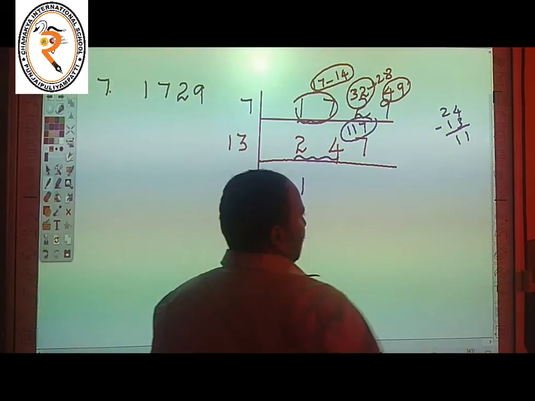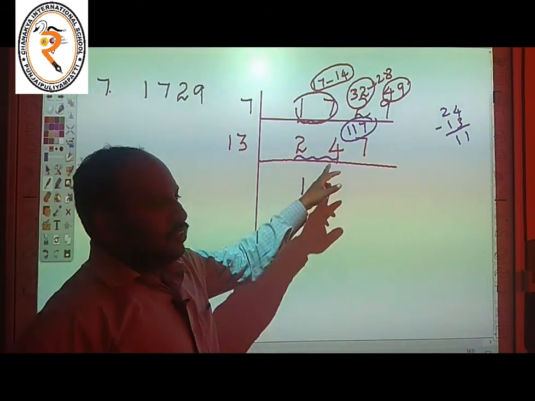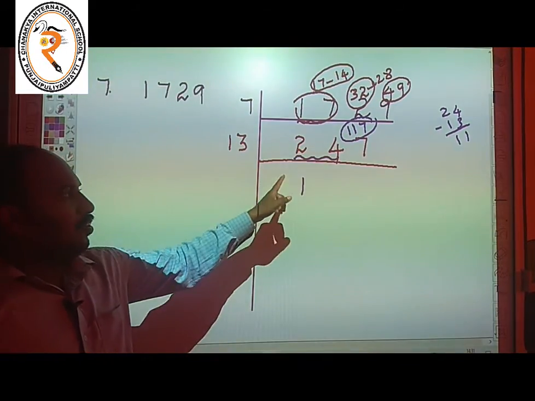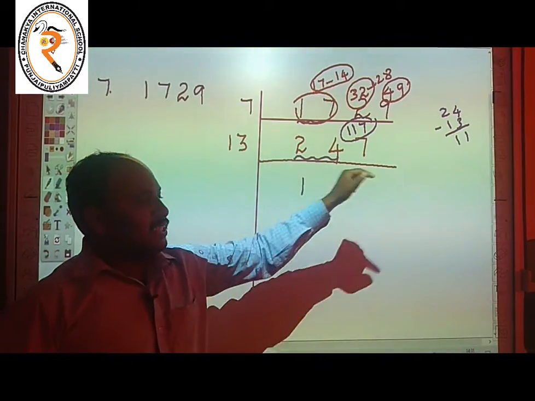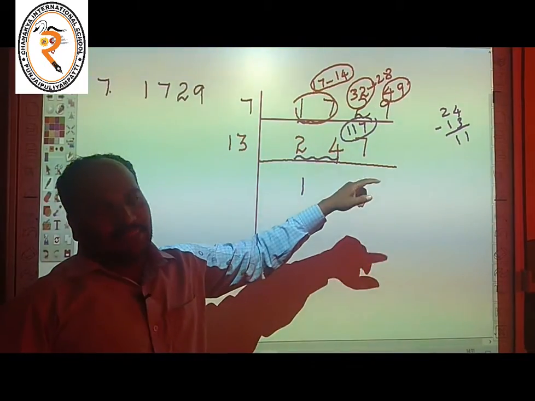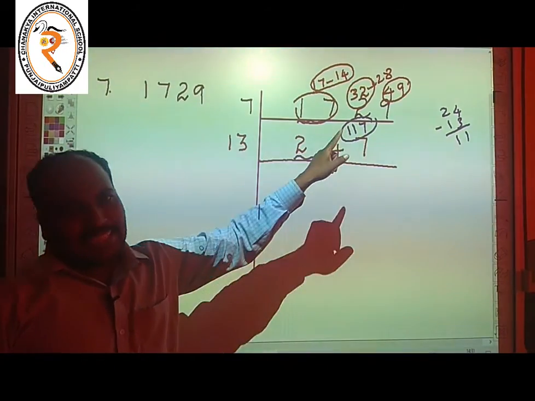24 is 1 time only. So 1 into 13 is equal to 13. 24 minus 13 is equal to 11. Already 7 having. The number is 117.